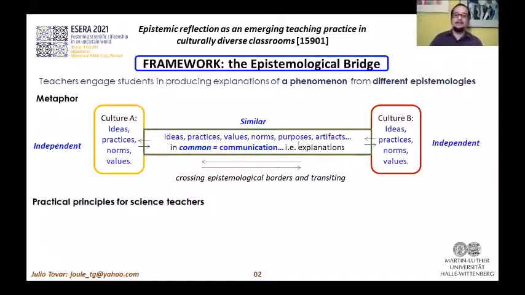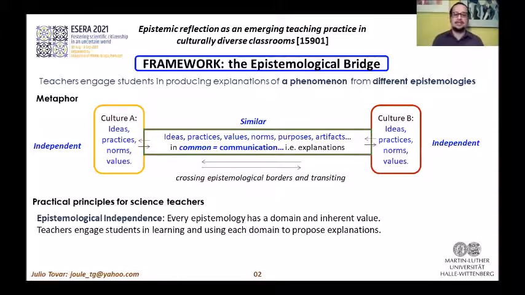And in the end, individuals decide if they want to remain in their original epistemological context, or here in the common place, or in the new contexts. The whole epistemological bridge is a process in which students learn and use the different epistemological domains while transiting between cultures and epistemologies. Now, the two practical principles.